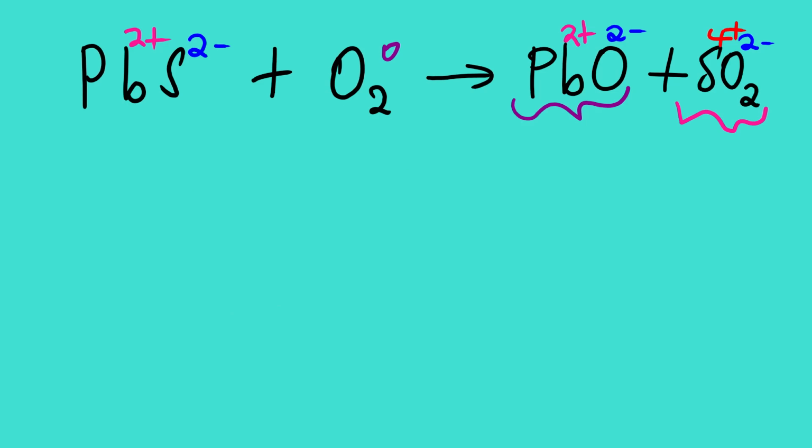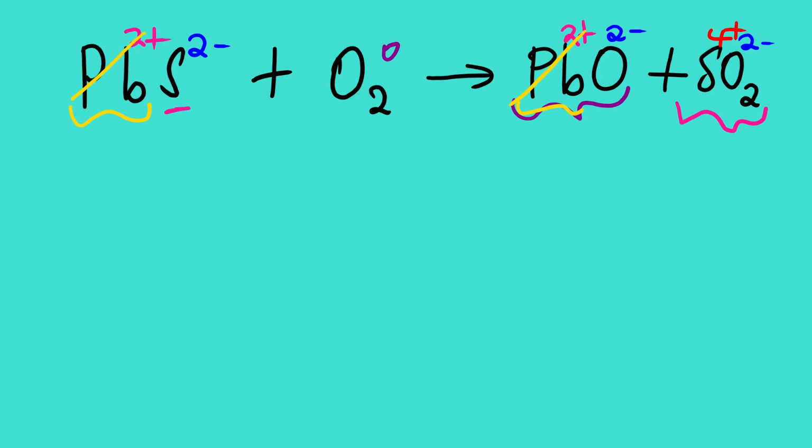Then we need to compare the oxidation numbers. We can see that the oxidation number of lead on the reactant side is 2 plus, on the product side is still 2 plus, so lead didn't undergo oxidation or reduction. Now we look at oxygen. Actually, let us look at sulfur.